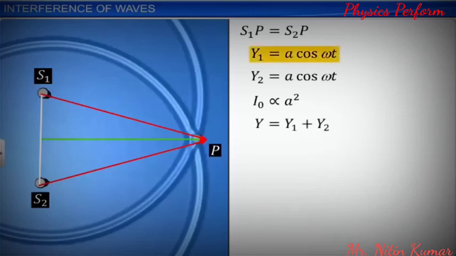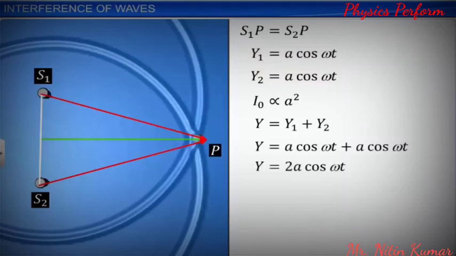On substituting the values of y1 and y2, we get y = 2a cos omega t. If I is the resultant intensity at P, then I is proportional to 4a squared. In terms of intensity of individual waves, I = 4I0. The resultant intensity is 4 times the individual intensities. Hence, we say that the two waves interfere constructively.